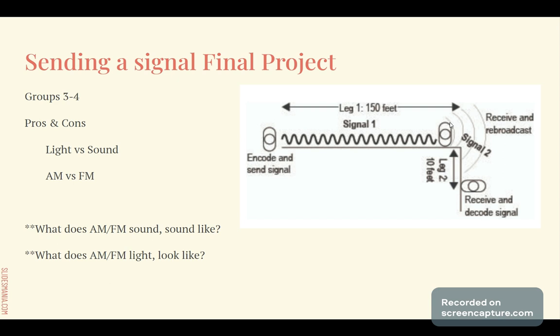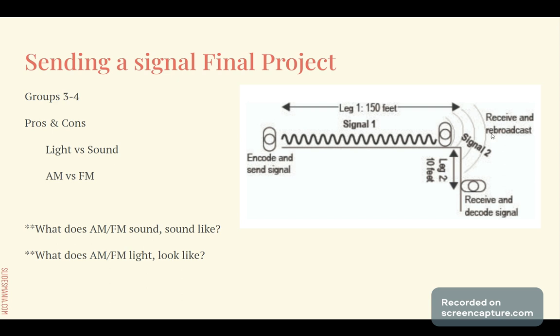If we think about the benefit of using different types of waves, you could probably get an idea of the pros and cons of each one. What's really good about light as opposed to sound? Well, light travels very far and very quickly, and it's easy to see something really far away, but it's hard to hear something really far away.